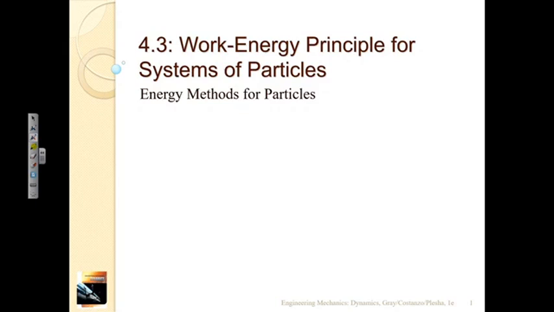And our work between 1 and 2, this was the integral of our forces dotted with their displacements. So remember, our potential energy terms we plucked from this work term.